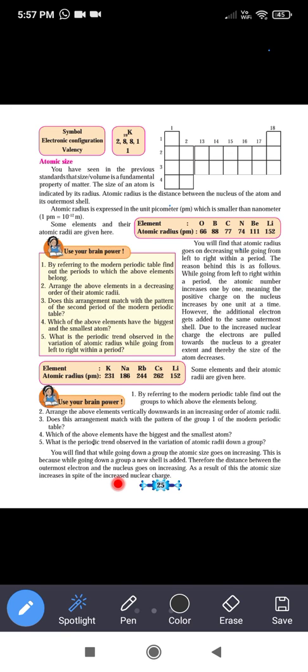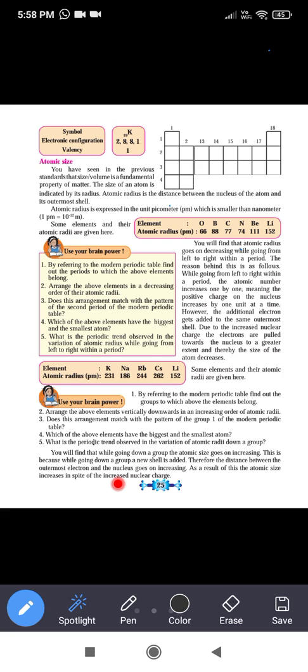Therefore, the distance between the outermost electron and nucleus goes on increasing. As a result of this, atomic size increases in spite of the increasing nuclear charge. So, as we move from top to bottom, the positive charge increases successively, but the distance between the valence electron and the nucleus increases because of increasing shells successively.